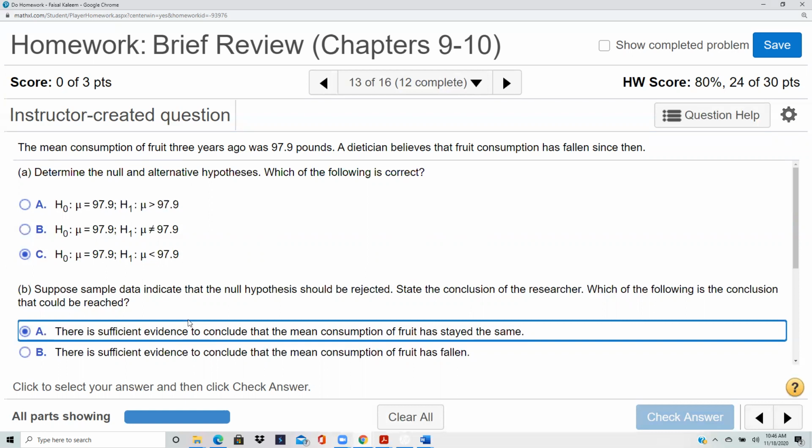Let's see. Type 1 error would be the null true. Keep saying, don't stop. That's all I have. And then I have beta, type 2 error.